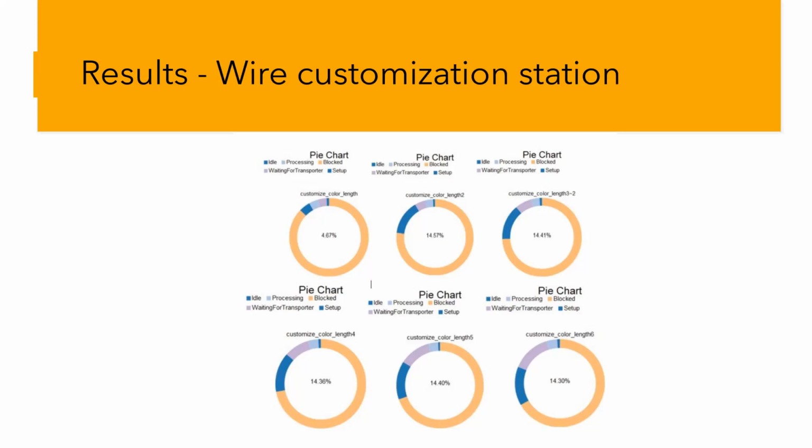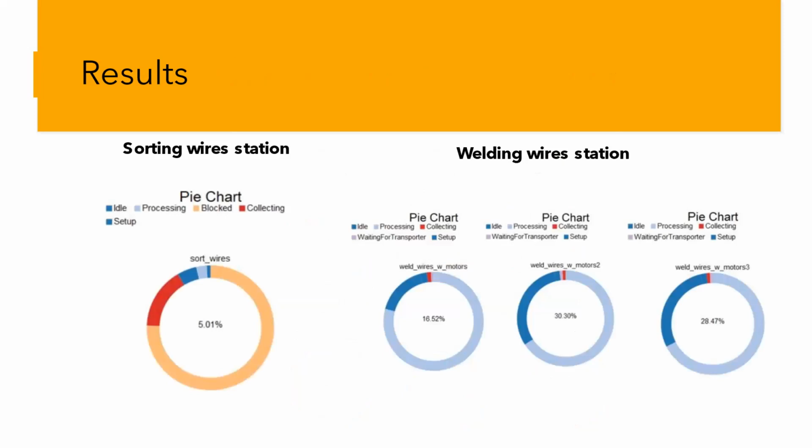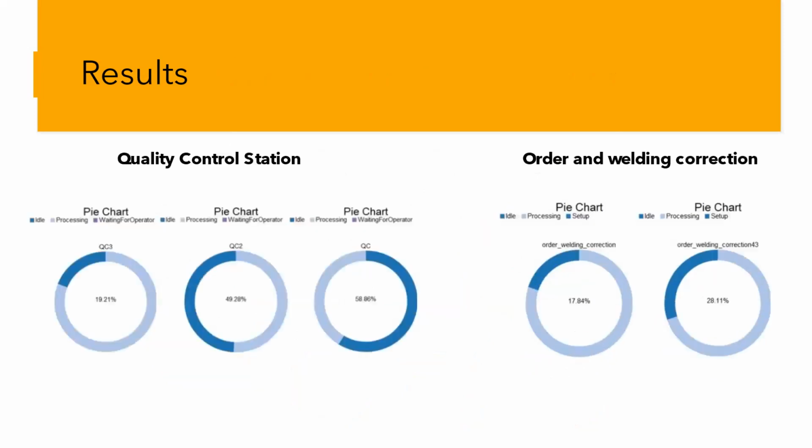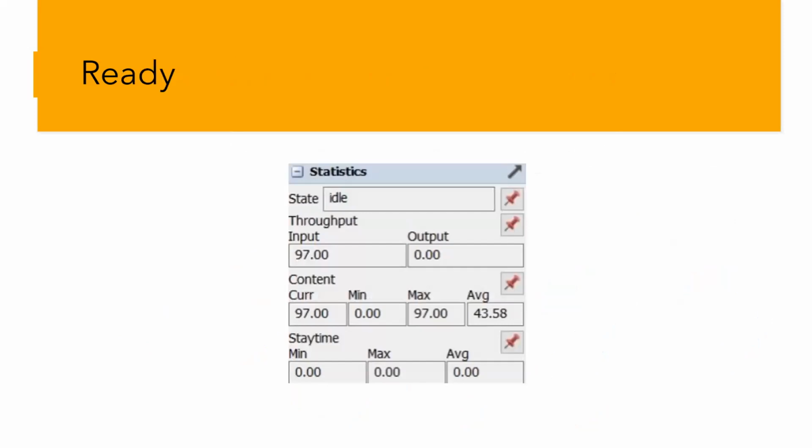Next, we have the sorting wire station results and the welding wire station. And next, finally, we have the quality control station results and the order and welding correction. And finally, we have the desired output. As we can see, approximately 100 customized motors in 24 hours was reached.